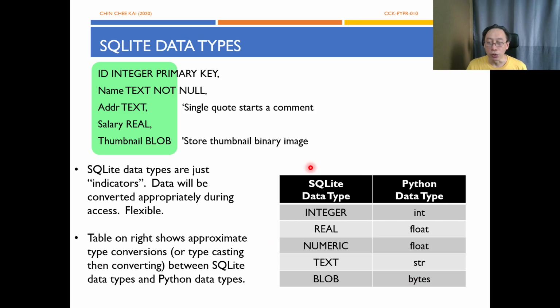So the table on the right shows this, and it's just for quick understanding, by no means asking you to memorize it nor fully interpret it. Because remember, SQLite can work on its own via SQLite Studio or other programmatic access. It doesn't have to be Python. It can be via C, C++, or other mechanisms.